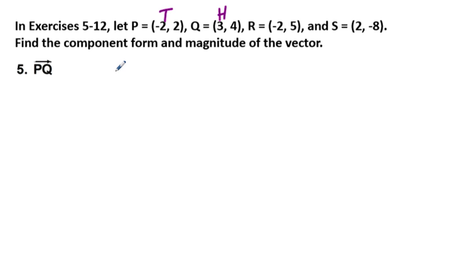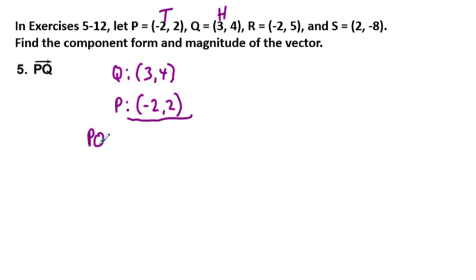So we're going to put Q, which is head, and we're going to have P, and Q is going to be 3, comma 4, and P is going to be -2, comma 2. And we're going to subtract.